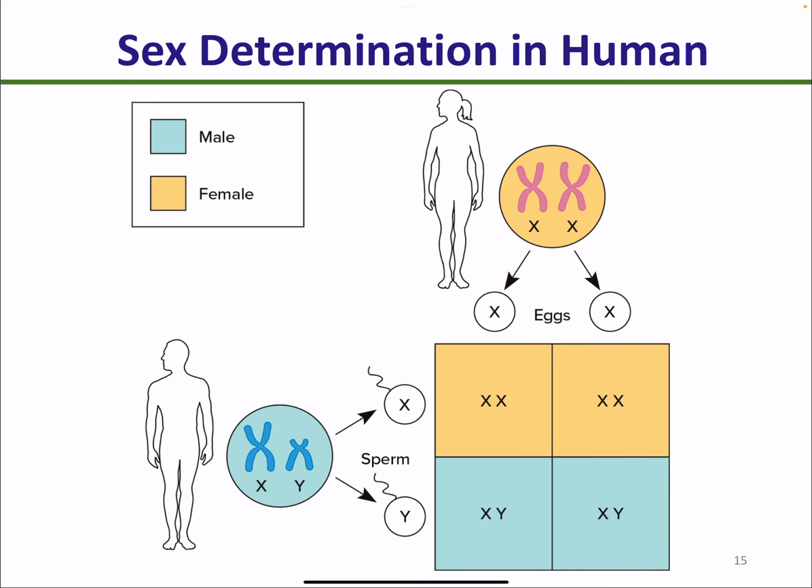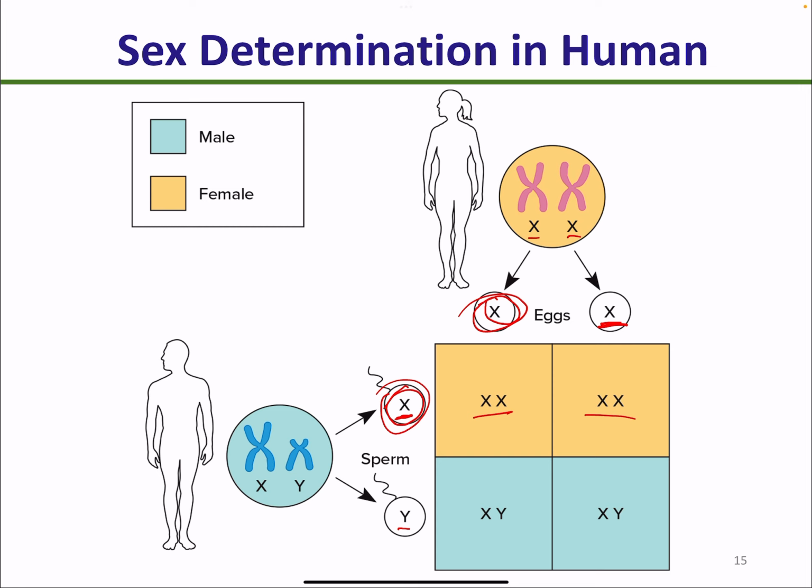Now, for a female, XX, for a male, XY. So basically, what is the chance that females are going to be developed from this gamete from mom meeting this gamete from dad, where we have XX, that's female, and from this gamete from dad meeting this gamete from mom, we have XX, that's female, right?